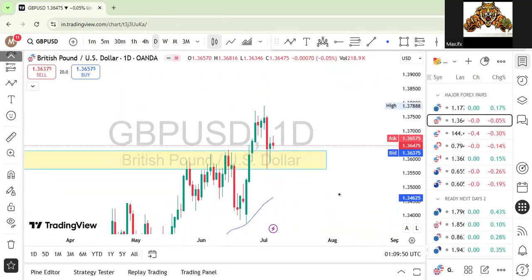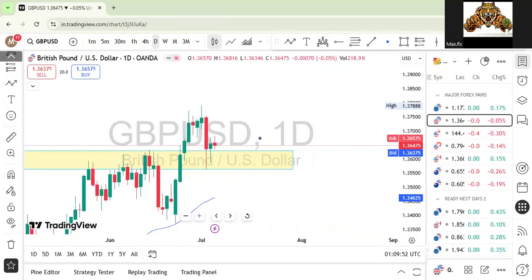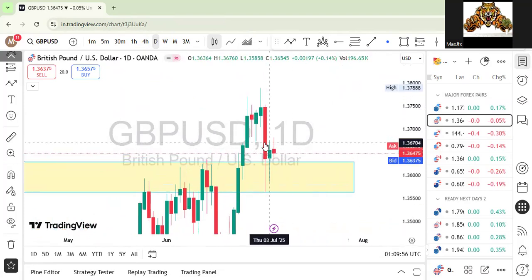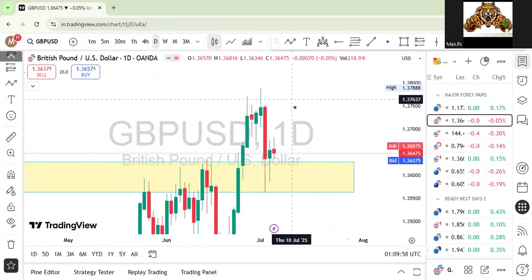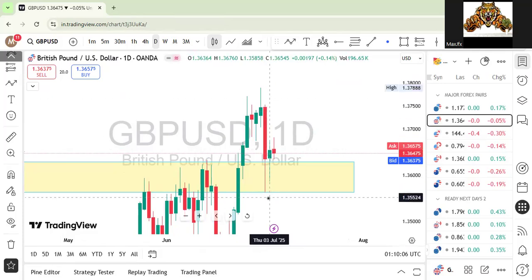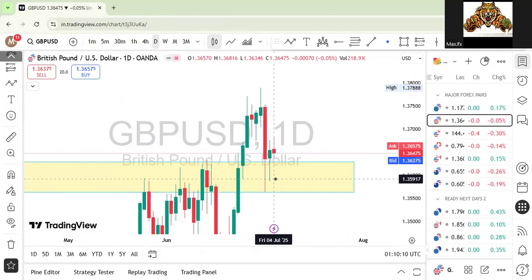This is because I don't think the buyers are ready yet. When you look right here, you can see this very big bearish candle. When you see this bearish candle, you have to be very patient if you want to go against it.